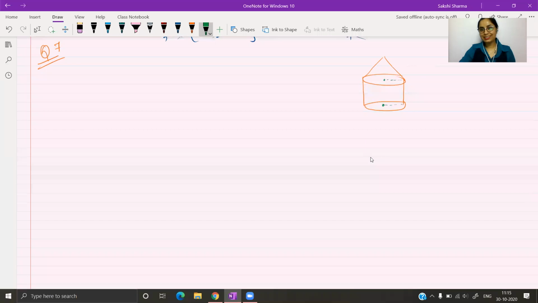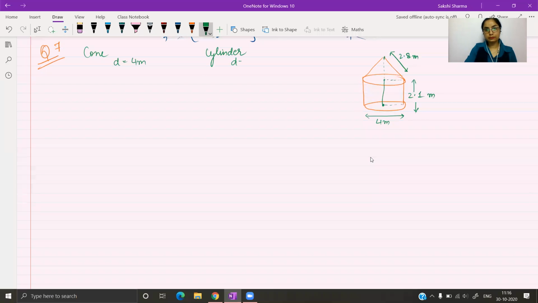Thank you, Sahaj, for saying that you'll be doing this on your own. I would just help you write this down. So there is a conical part and there is a cylindrical part. The diameter for both is the same, so the radius will also be the same.